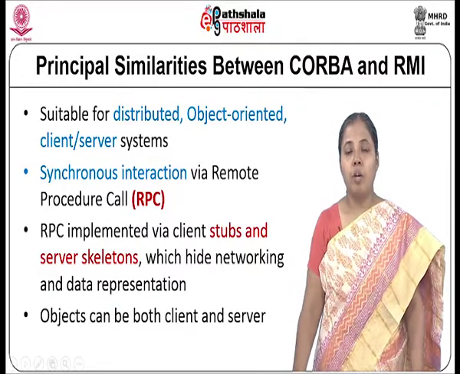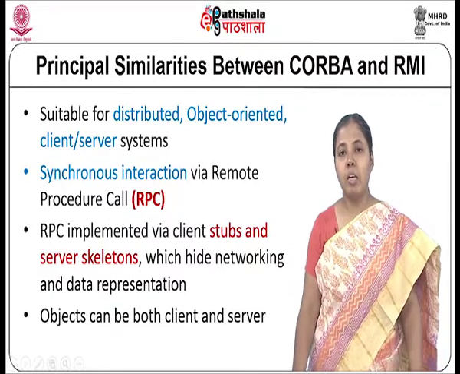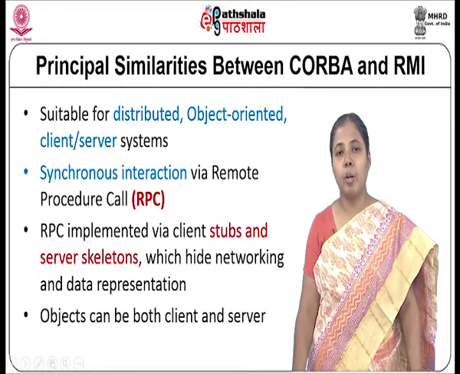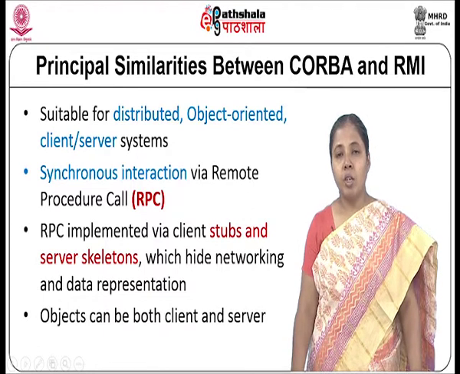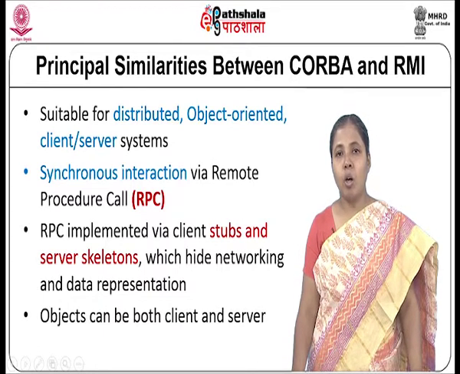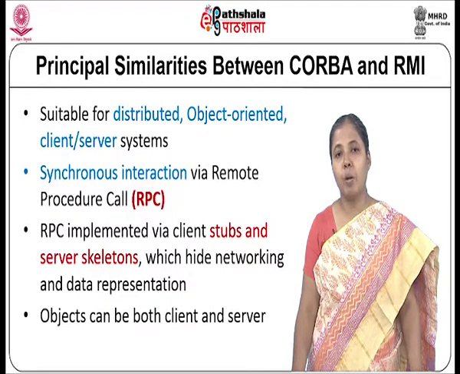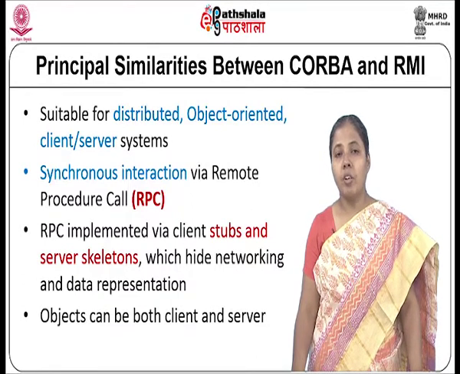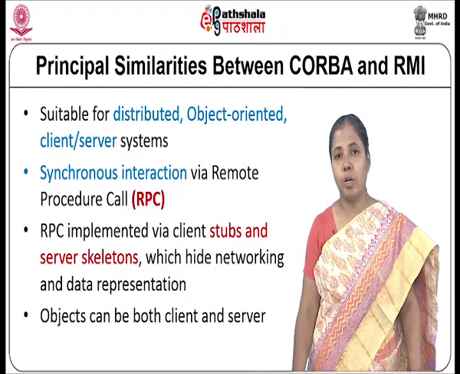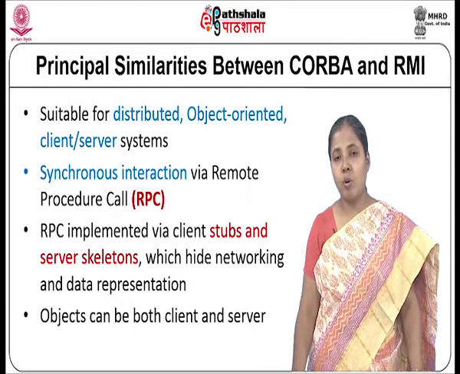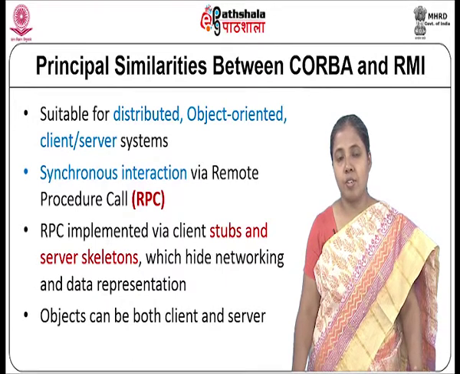And now we can see the principal similarities between CORBA and RMI. Both of these are suitable for the development of distributed applications. Both are object oriented, both rely on an object oriented mechanism, and both support distributed client server systems.